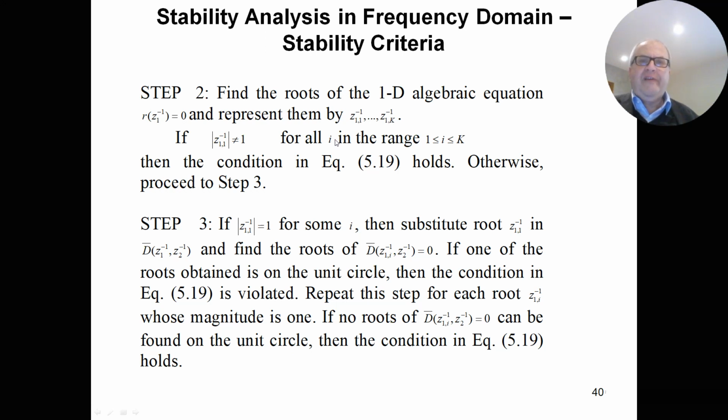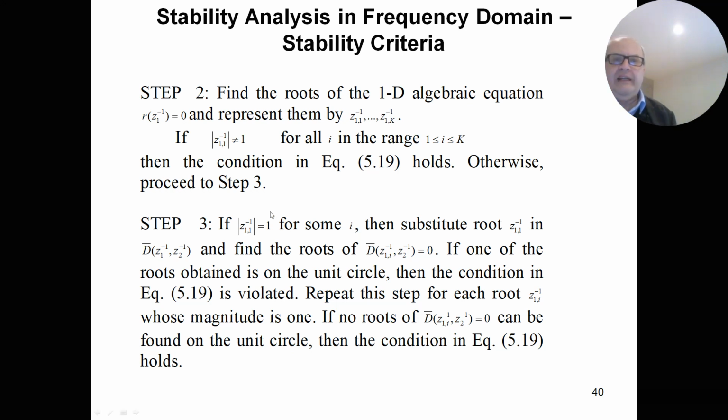Second step, we find the roots of the 1D algebraic equation and represent them by this. If this is not equal to 1 for all i in this range, then the condition in equation 5.19 holds. Otherwise, we go to step 3.